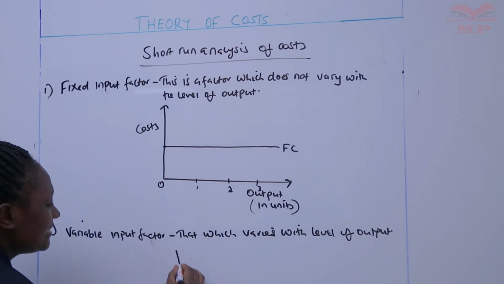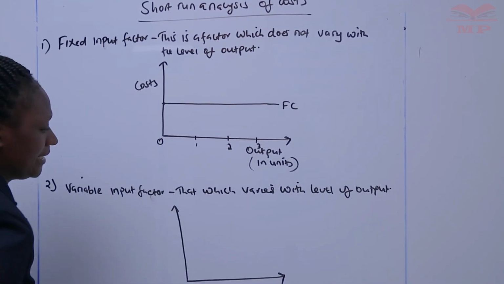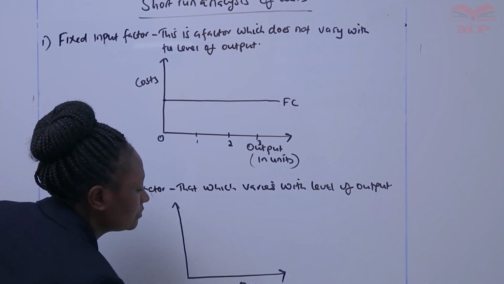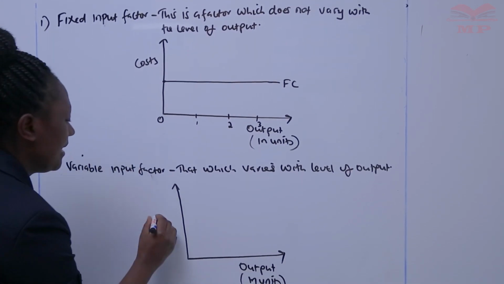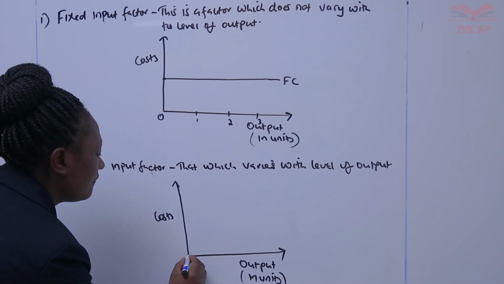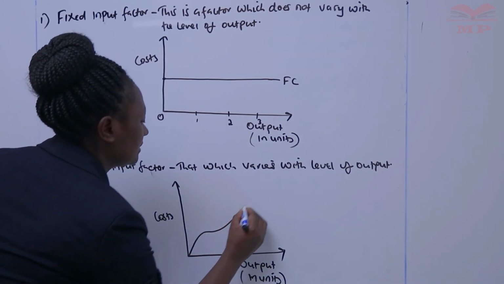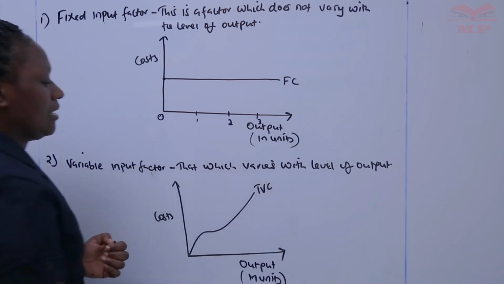So to illustrate this graphically, this is how it will look. We have output, which is in units, and then we have costs. So a variable factor will look like this. This is total variable cost.